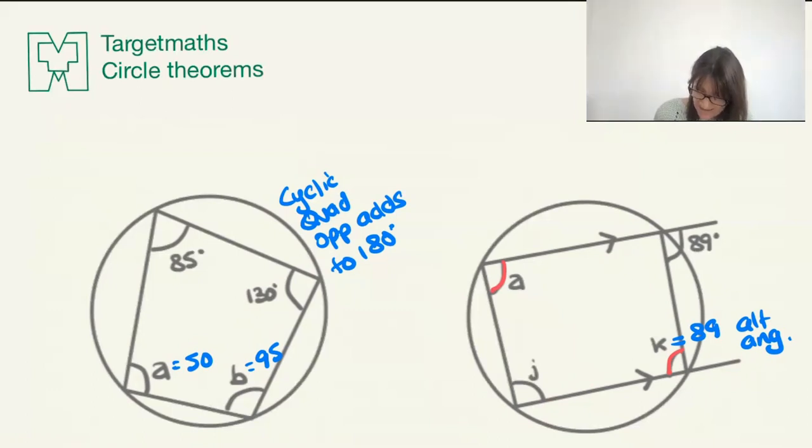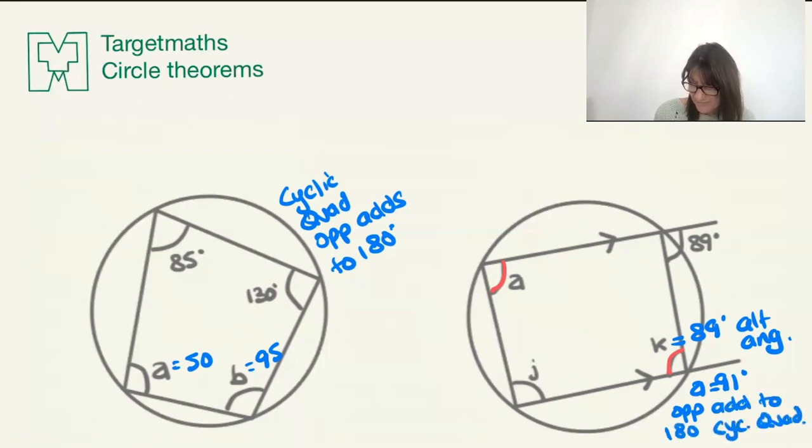So A is going to equal 91 degrees. My degree sign in there as well. And I can obviously write op adds to 180, cyclic quad. Okay, so I've justified what I've done there.